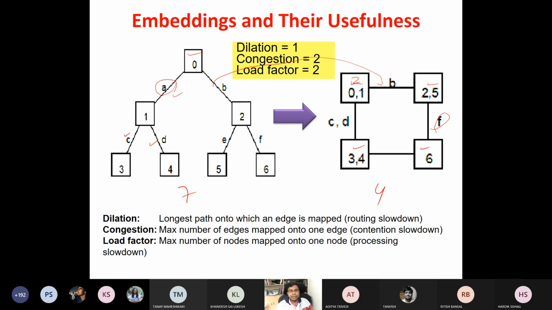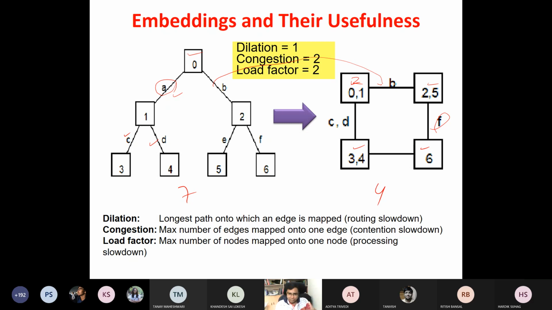So in this course, it is limited to only some examples and how embedding will help us. An application written for one topology can easily be put into another topology.